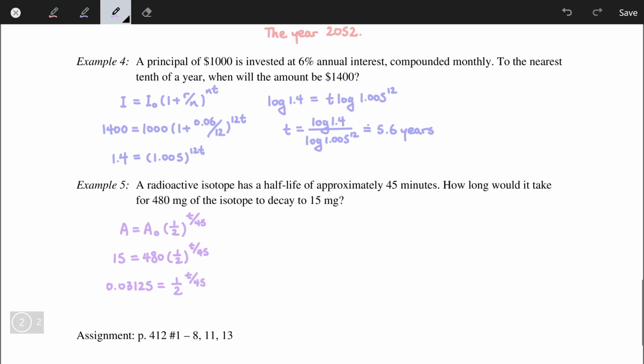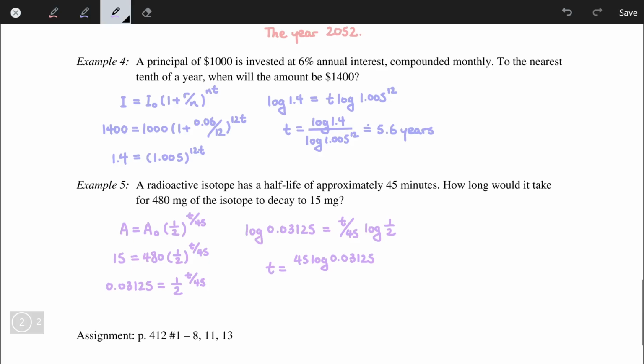As before, we can take the logarithm of both sides, so log 0.03125 is equal to, we can write this as t over 45, and then logarithm of 1/2. So once we rearrange everything, t is going to be equal to 45 times log 0.03125.